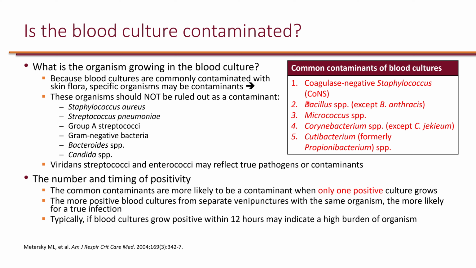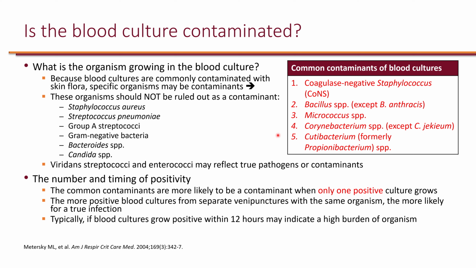So if you have 1 out of 4 bottles growing Coag-negative staph, you essentially conclude that it's a contaminant. But if you have 2 out of 4 growing Coag-negative staph, that's unlikely to be a contaminant. So you conclude that it's a true infection due to Coag-negative staph.